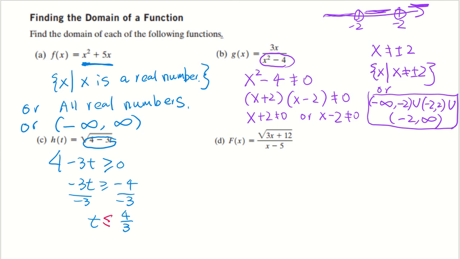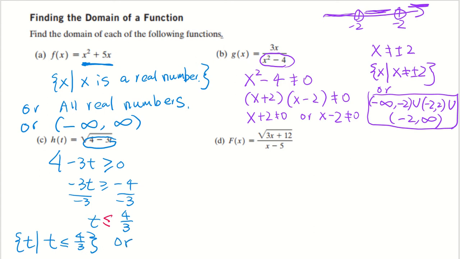If you write it in set notation, it is all such t that t is less than or equal to 4 over 3.